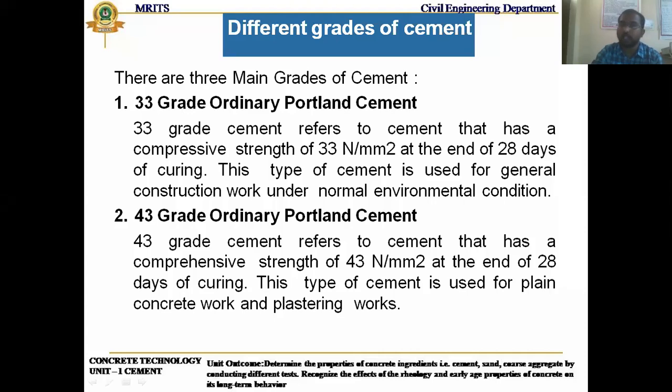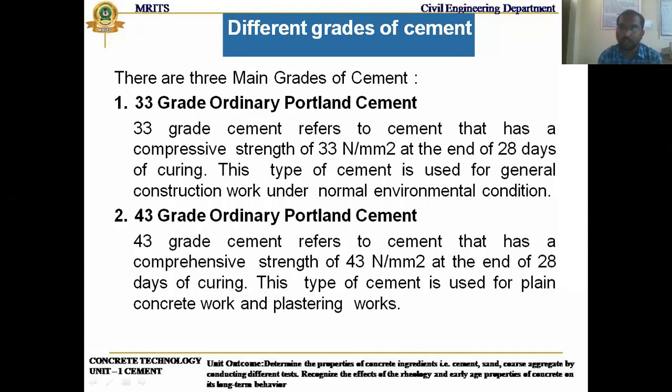And next one is 43 grade OPC cement. So 43 grade OPC refers to the cement that has a compressive strength of 43 Newton per mm square at the end of 28 days of curing. Then we can say it is a 43 grade cement, and this 43 grade OPC can be used for plain concrete work as well as plastering works.